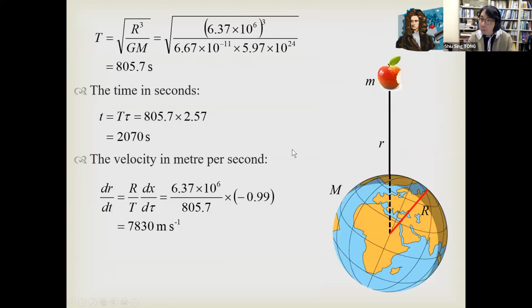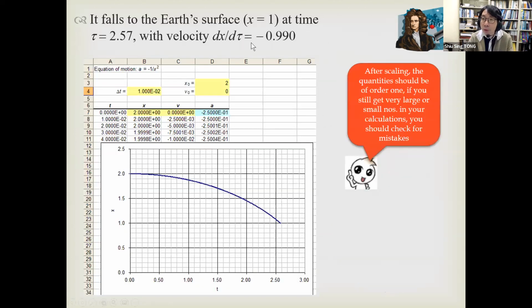Now, how do we go back to SI unit? Because we are doing the calculation with a very special kind of unit, such that x and tau are dimensionless. Eventually, we should go back to SI unit, so we can know the true length and the true time.